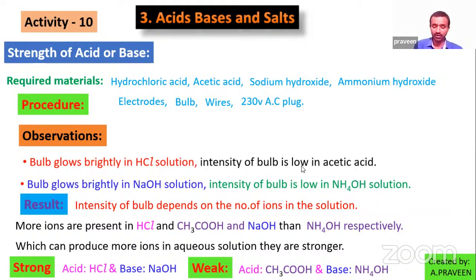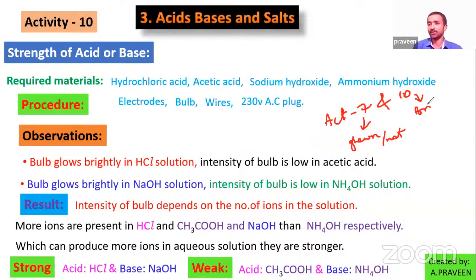So very simple. It is very similar to activity number 7. So while you are preparing, read activity 7 and 10 together. Because in activity 7, you are just observing whether the bulb glows or not. Here, in this case, you are giving importance to the brightness only. Nothing is different.